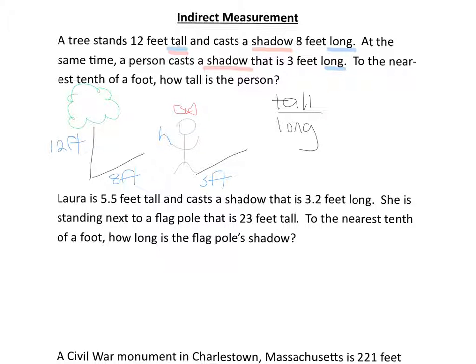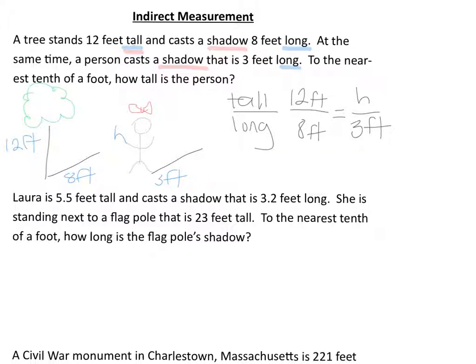When we look at the first ratio, the tree, it was 12 feet tall and 8 feet long. Super easy to see once we put it into the picture instead of just looking at the words. And the second one is going to be h over 3 feet.